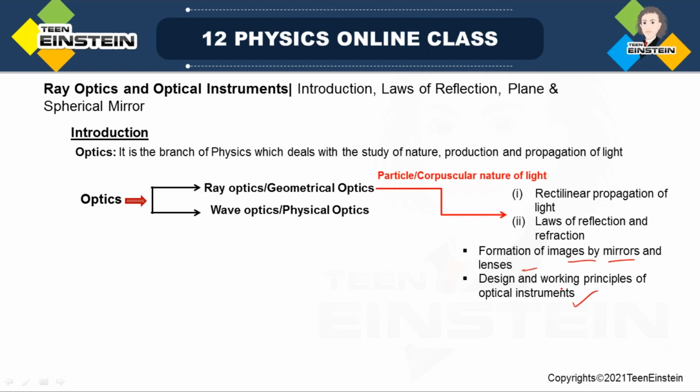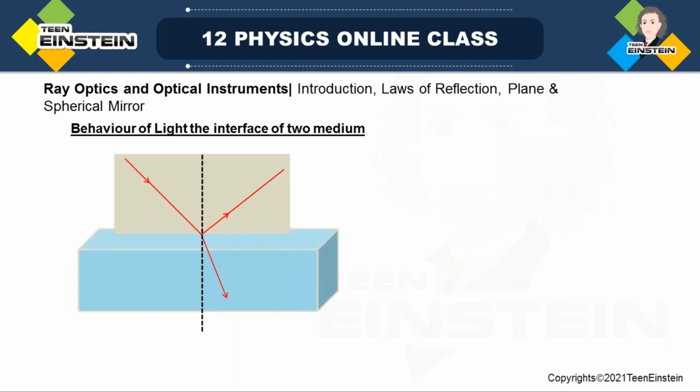So these are the objects in this particular chapter, okay. And in wave optics we'll be able to explain what is interference, diffraction and polarization. These are the phenomena which are being explained, okay. All right, so with this introduction we'll start our lessons today.